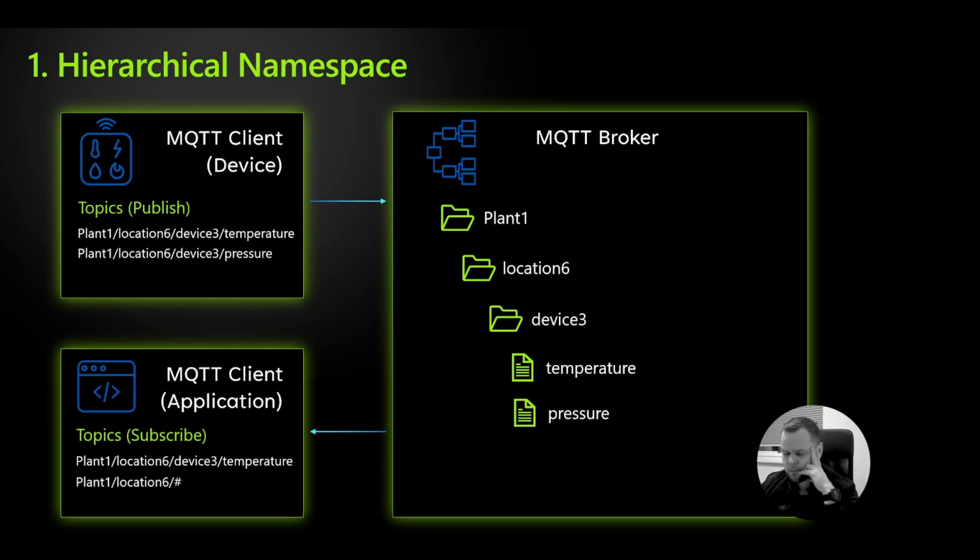What makes MQTT powerful is the subscription to not just exactly one thing, but to a hierarchy of things. In this case, let's say you are interested only in location 6 information, which means everything that falls underneath will be automatically consumed by the subscriber.